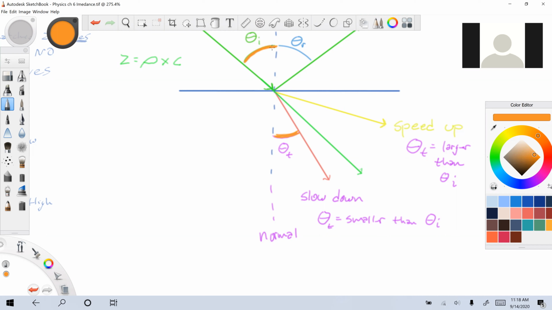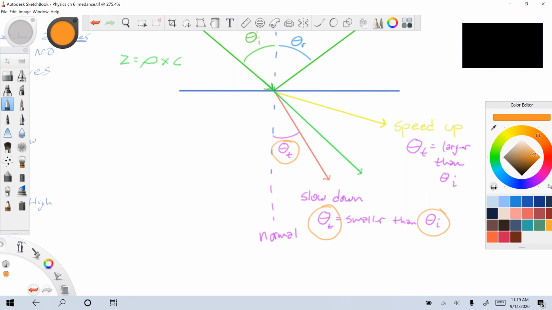Now, the way I drew the picture, it also goes down or speeds up. It's just that if you draw the picture in different ways, that doesn't always work. But mathematically, slow down, theta transmitted is smaller than theta incident. And of course, the opposite is true, speed up.